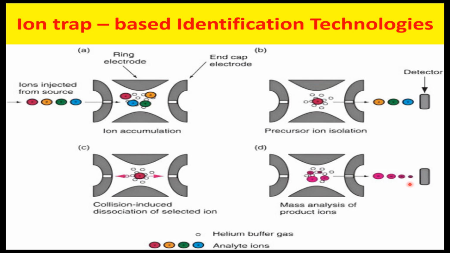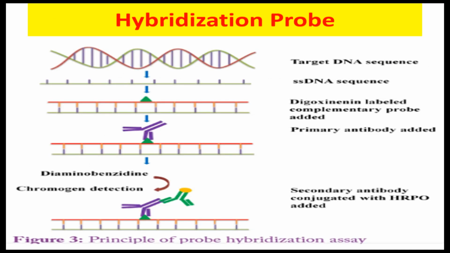Then let's move on to hybridization probe. Here, this portion of the DNA is cut from a big DNA, and suppose we want to visualize this DNA. So for that we will add a probe. That is an oligonucleotide probe, and to that probe we would like to add a primary antibody, then a secondary antibody labeled with enzymes such as horseradish peroxidase for visualization.